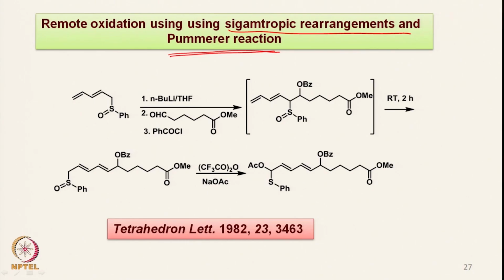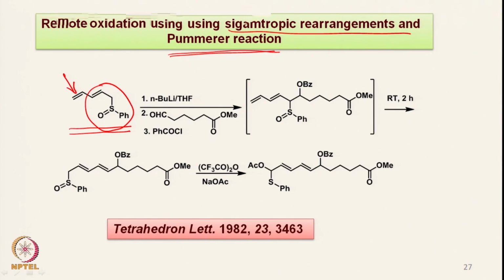Now let us take an example of this diene which is having an allyl sulfoxide part here, but is attached to another olefin at this part. So this is not the same diene which we took last time for the Diels-Alder reaction.